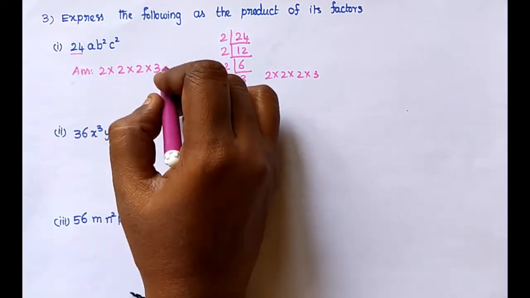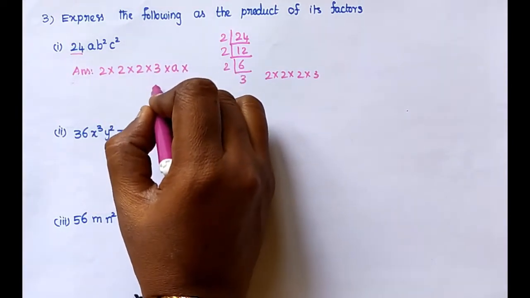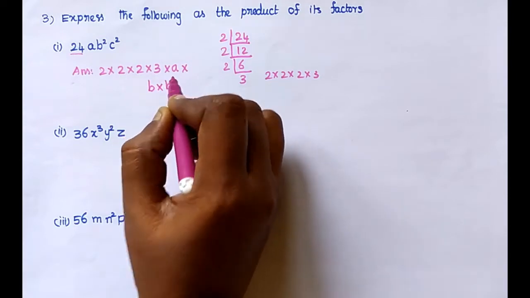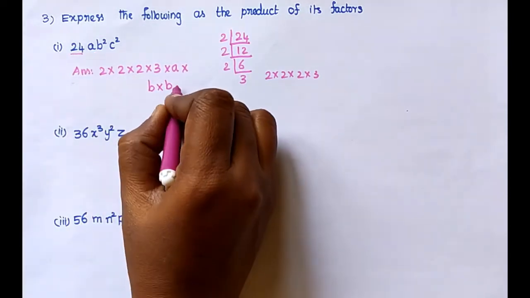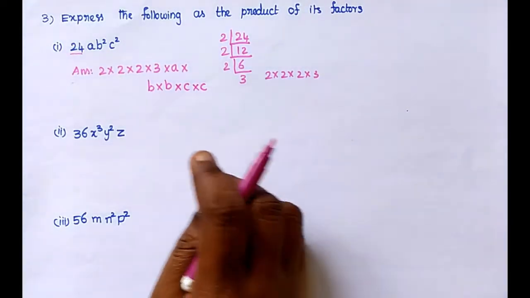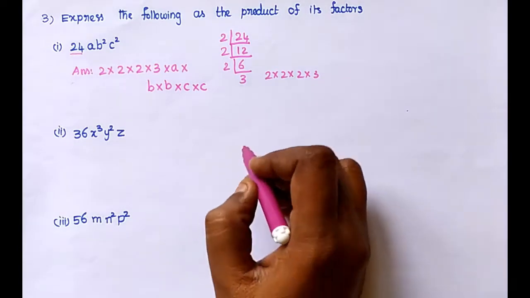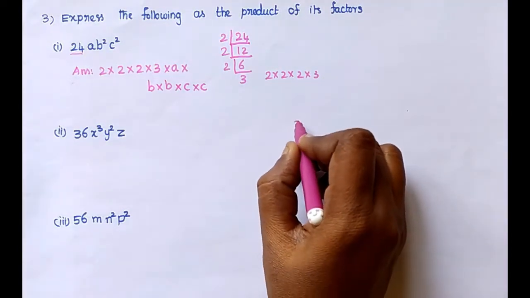Next, a into b into b, that is b square, into c into c. So that is the answer. Very easy now. Next one, 36.